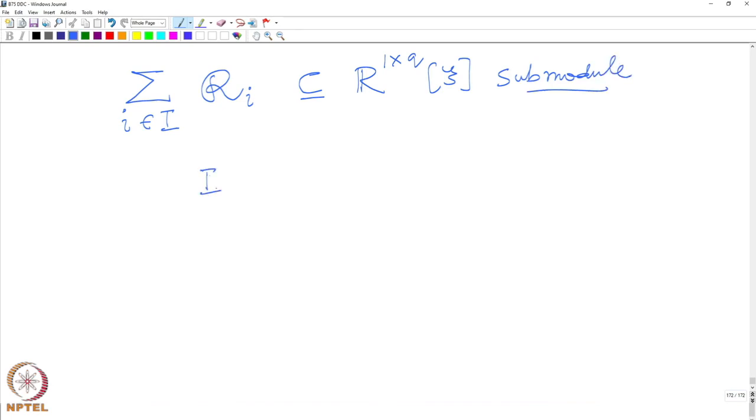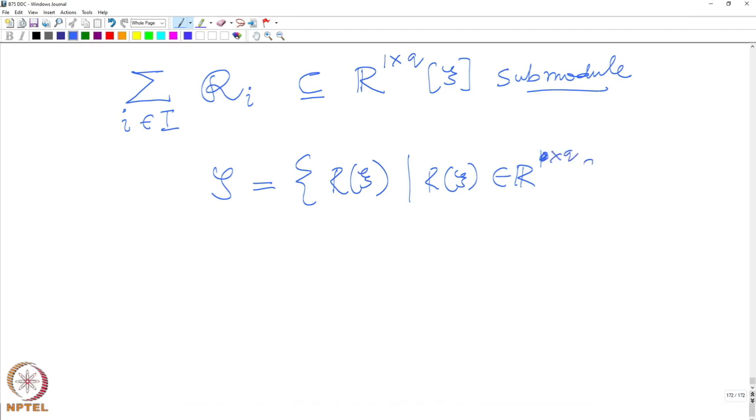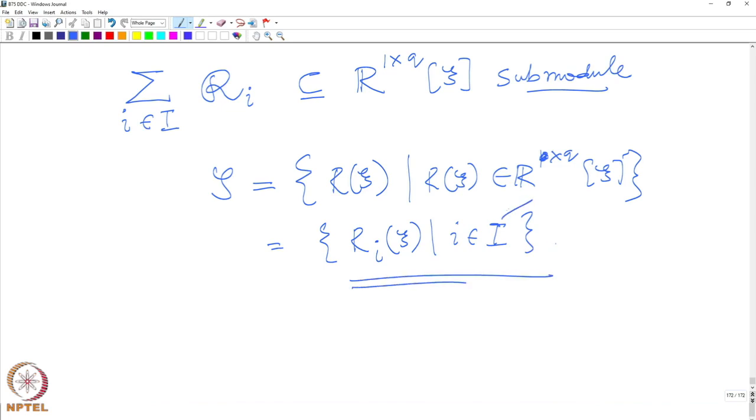What is I? By I I mean the following: this was my S, the collection of all those R xi's with some property. Here I am using this to get this subfamily. I am not assuming that this is some countable set, this is some arbitrary set, some indexing set.